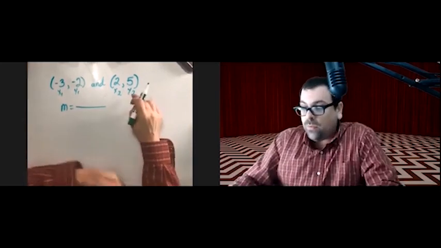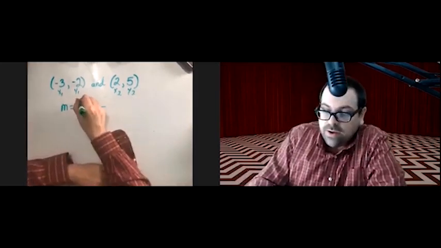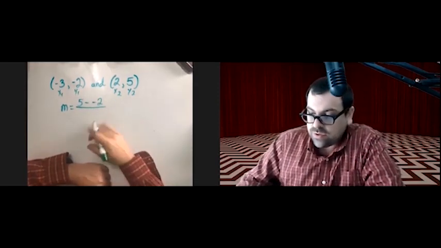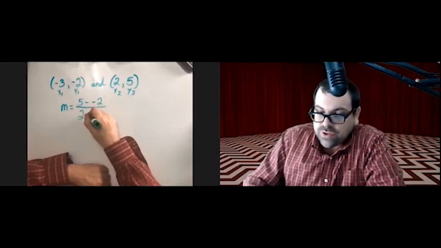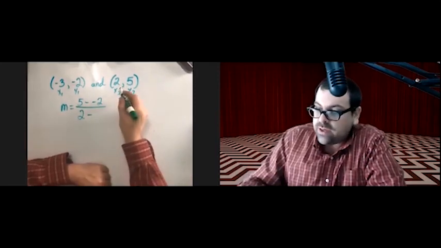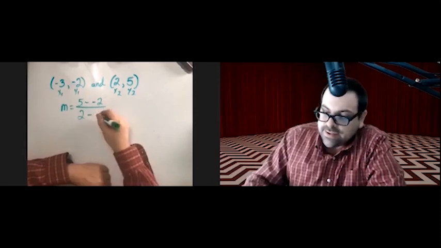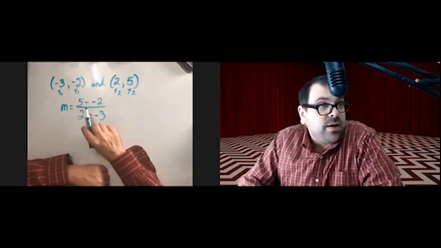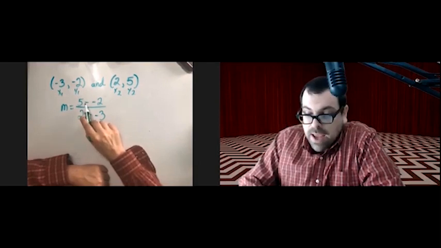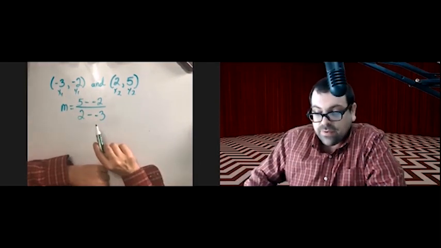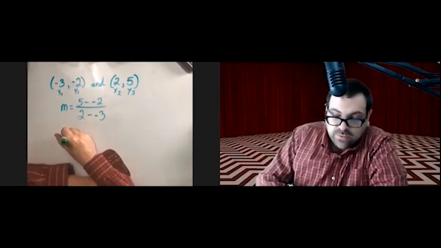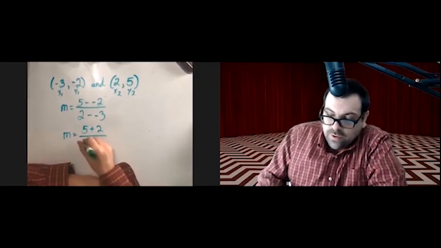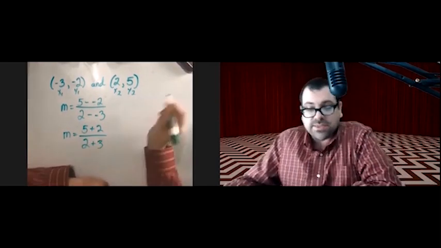So y2 minus y1, 5 minus -2, over x2 minus x1, 2 minus -3. It's important that we keep minus the negative because that's how we know that this is 5 plus 2 over 2 plus 3.